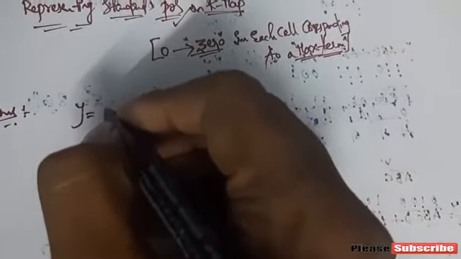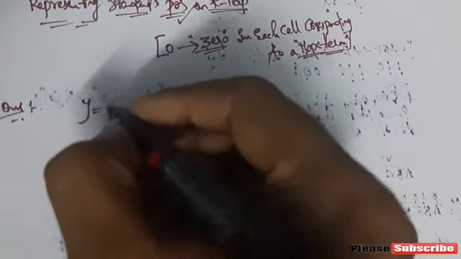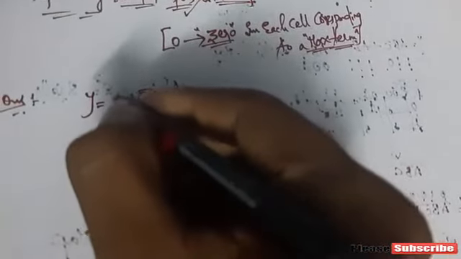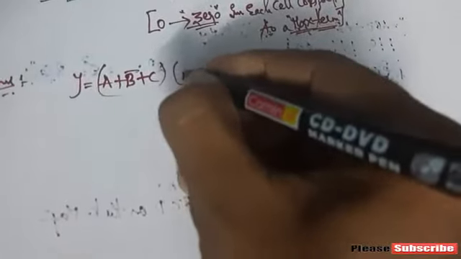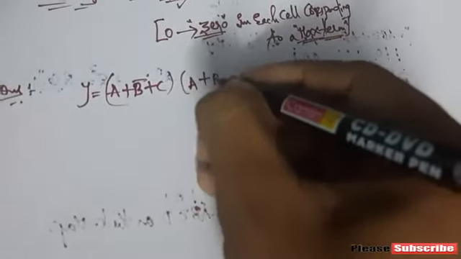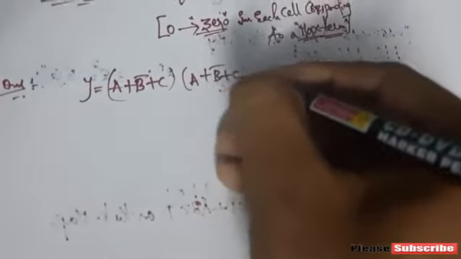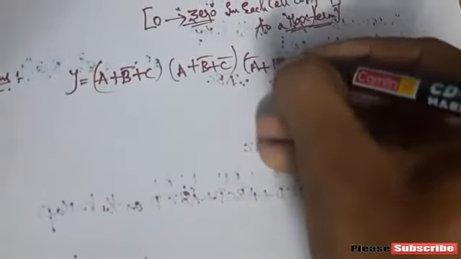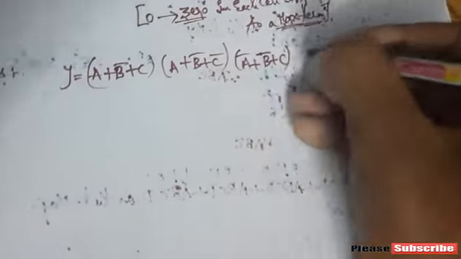Y is equal to, in POS form, this will be in the summation form: A plus B bar plus C, dot, A plus B bar plus C bar, dot, A bar plus B bar plus C, dot, A plus B plus C bar, on the K-map.